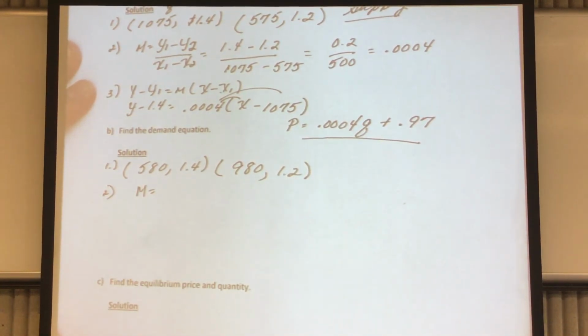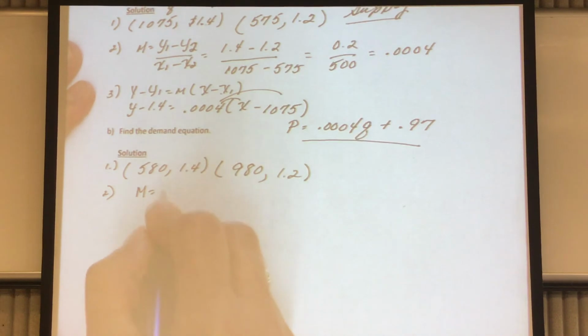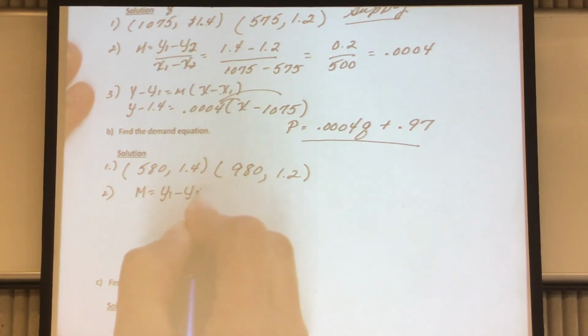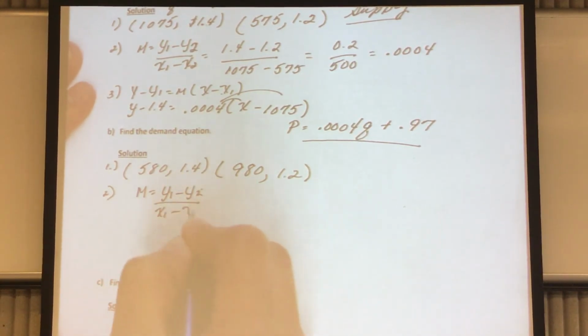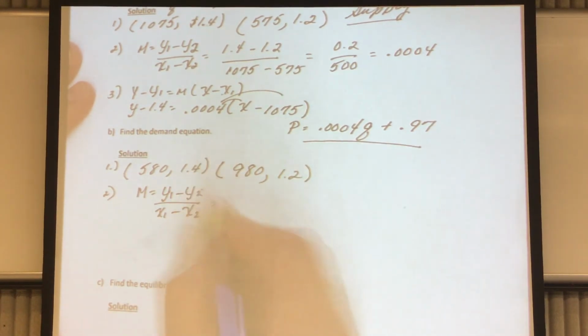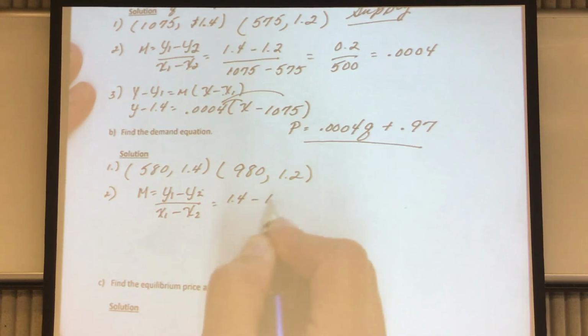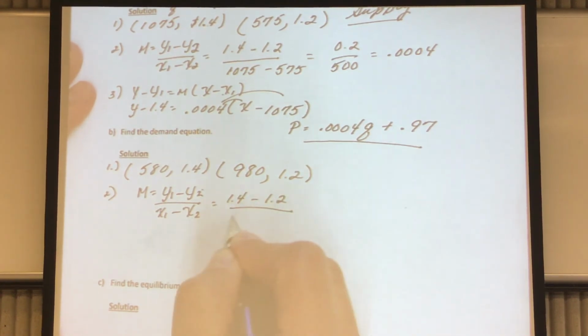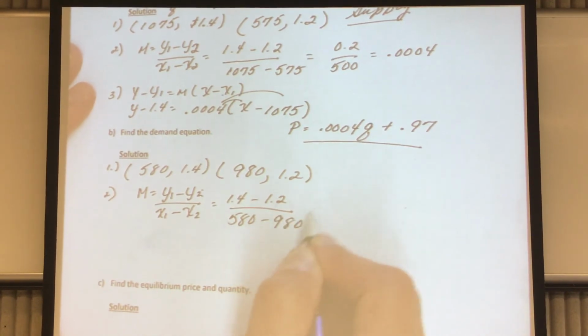So again, the slope is y1 minus y2 over x1 minus x2. So the first y value, 1.4, is y1, minus y2 over x1 minus x2.